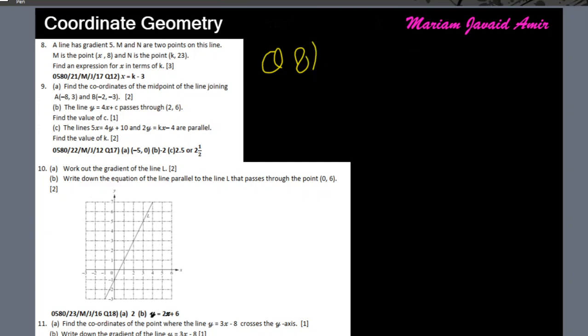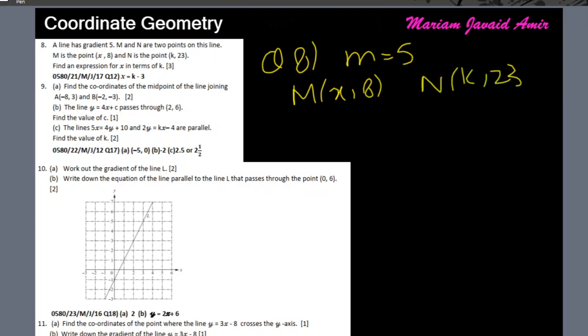A line has gradient 5, so m equals 5. M and N are 2 points on this line. M has coordinates (x, 8) and N has coordinates (2, 23). Find an expression for x in terms of k. So we have the formula for slope: slope equals y2 minus y1 over x2 minus x1.